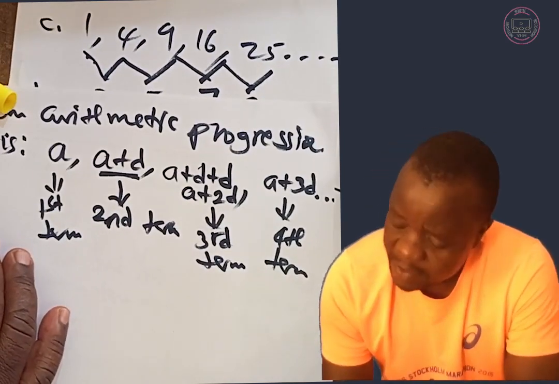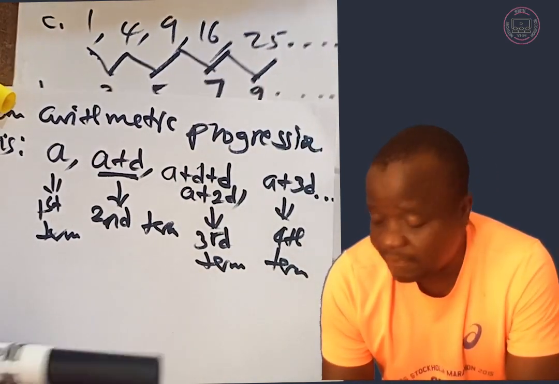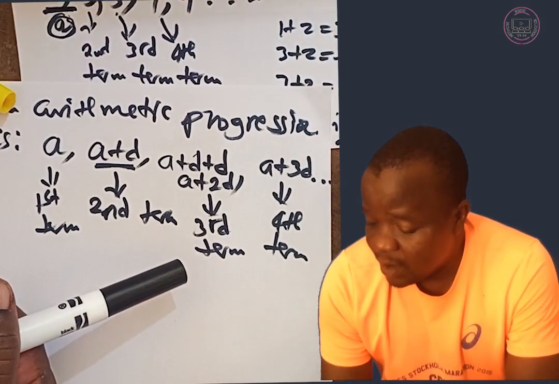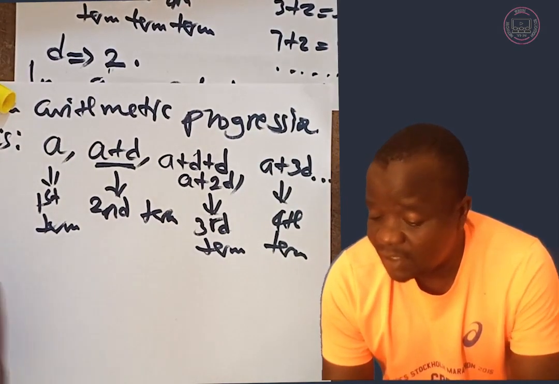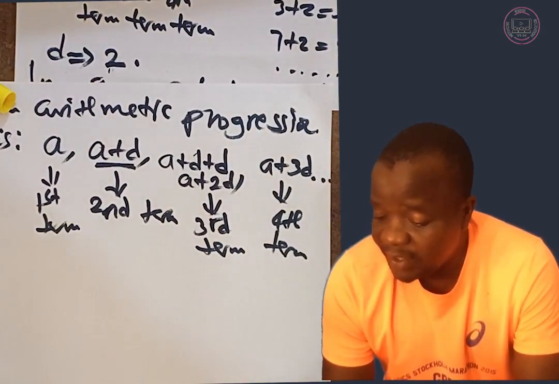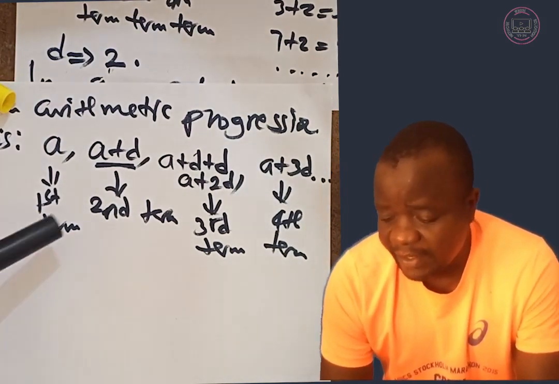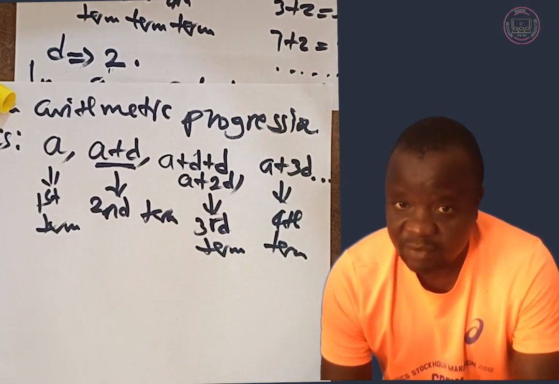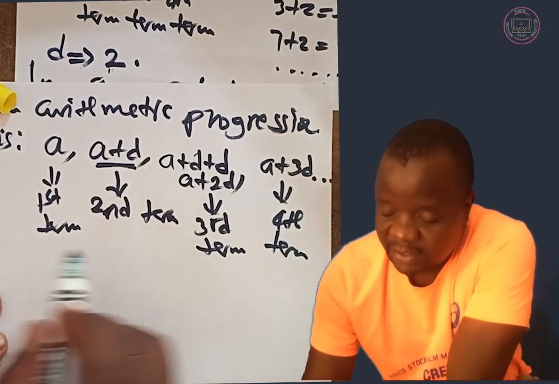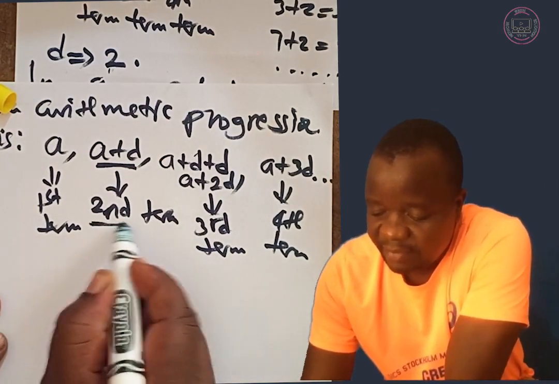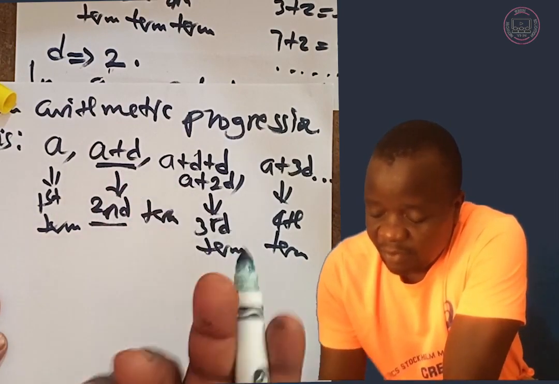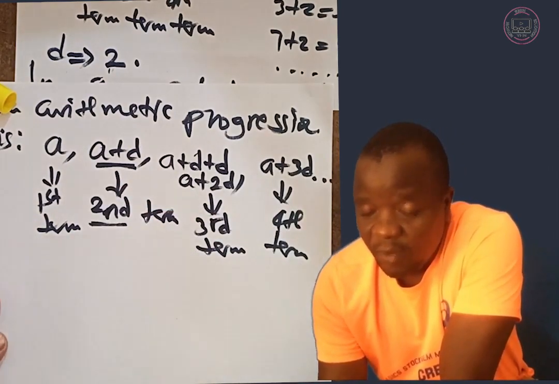And maybe we can also see what is happening. How can we relate the coefficient of D and the position of the term? For example, you note that if we say second term, the D will have one less.